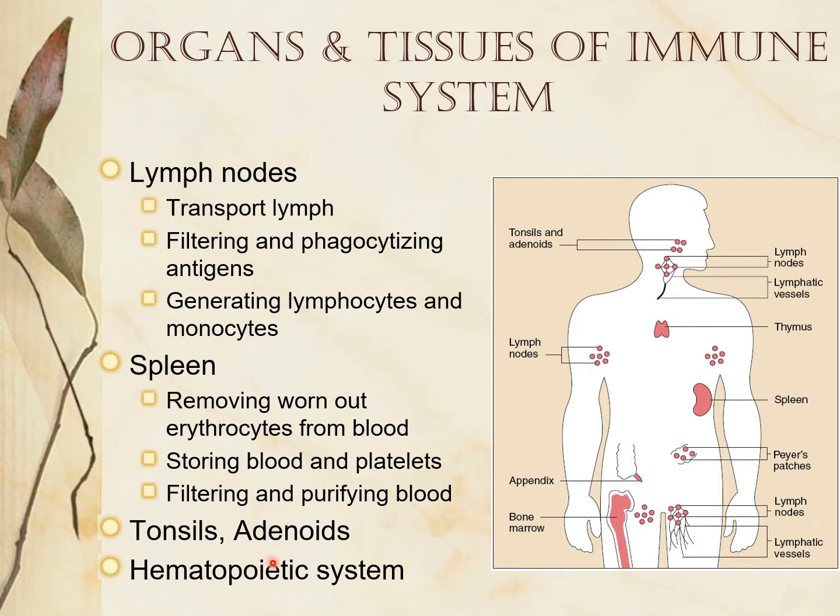Our tonsils are the first line of defense as part of the immune system. While the adenoids are a mass of soft tissue behind the nasal cavity, the same type of lymphoid tissue that also reacts to foreign invaders of the body.